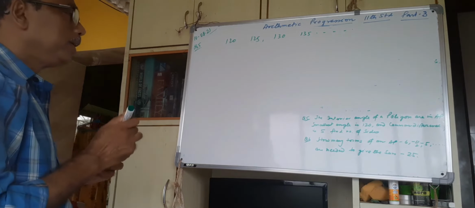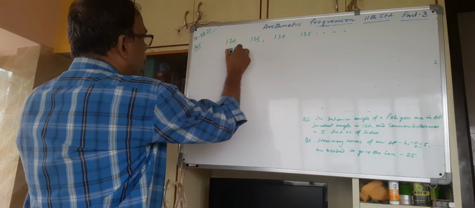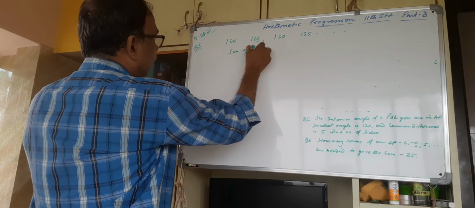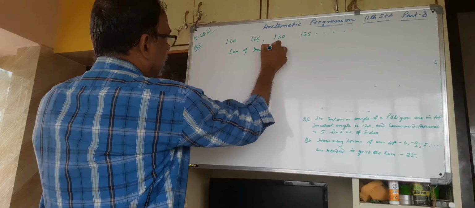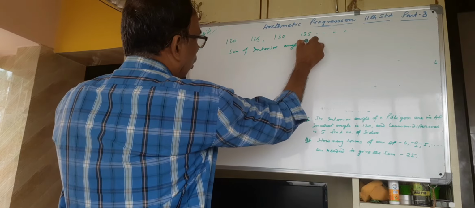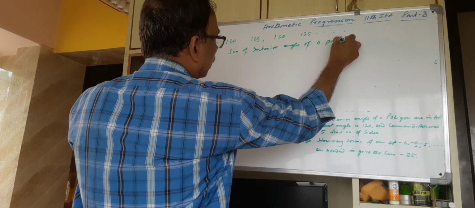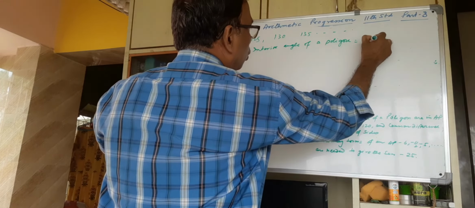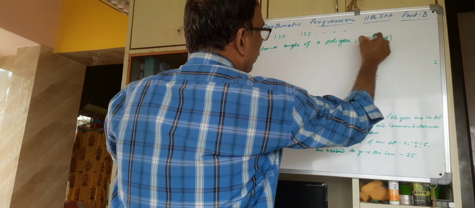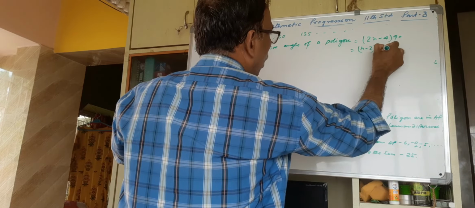And we know the sum of the interior angles of a polygon is (2n minus 4) into 90 degrees, that is (n minus 2) into 180.